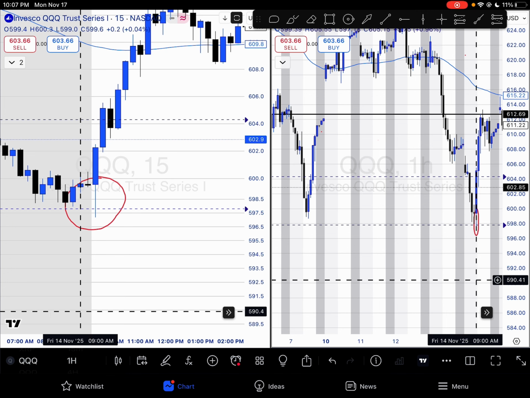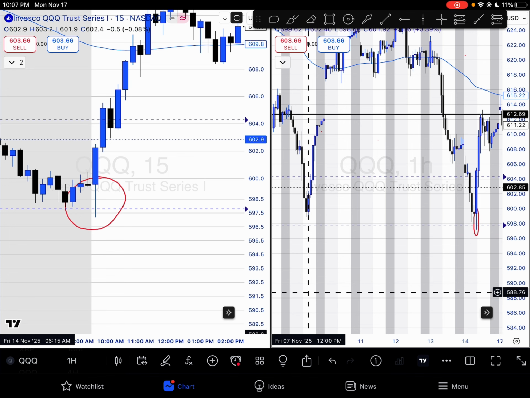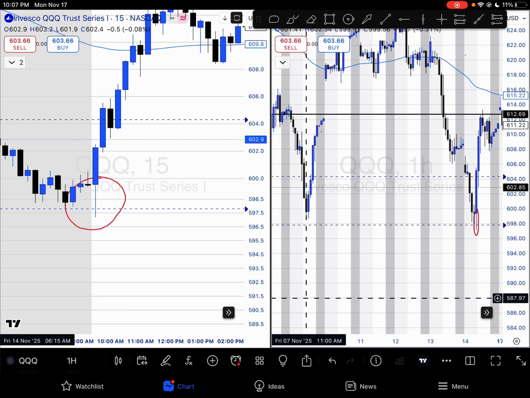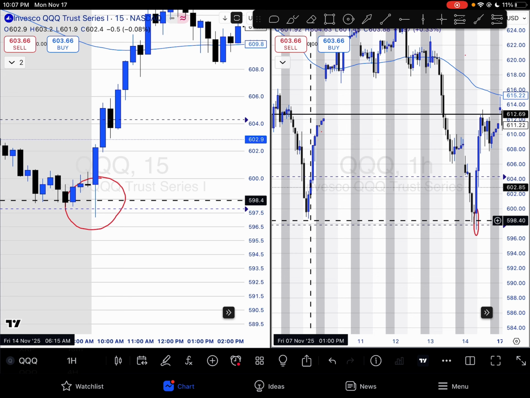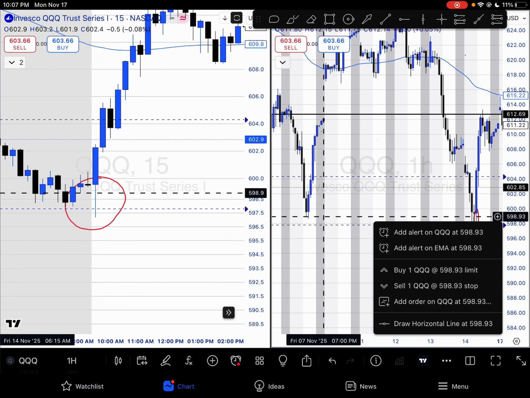So this is Friday, the 14th, and we go back all the way to Monday, so 6 days. And we see price came to the exact same point. Now this is considered a key level.